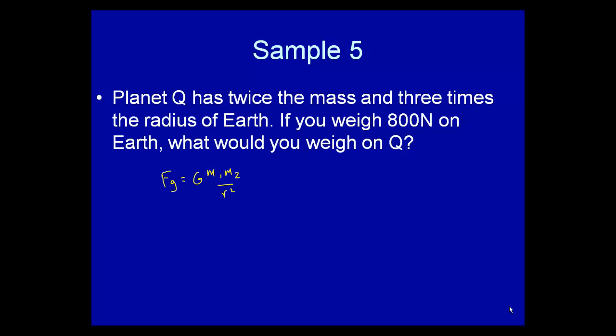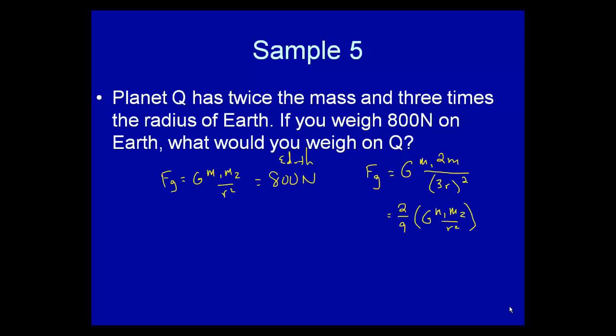Well, we know that g m1 m2 over r squared on Earth is 800 newtons. What we're now going to do is go to planet Q. Now, I put in what should be there. g m1 is my mass. That doesn't change. 2m, because the planet has twice the mass. And on the bottom 3r squared. It's important that the 3 is in the parentheses down there.